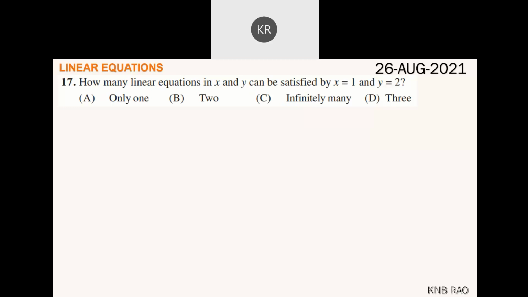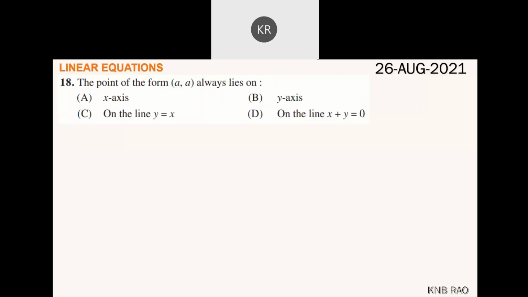You have to choose the right option. Question number 18. The point of the form (a, a) always lies on: option A x-axis, option B y-axis, option C on the line y equal to x, option D on the line x plus y equals 0.